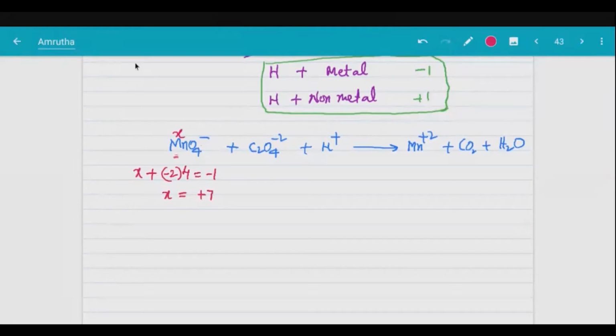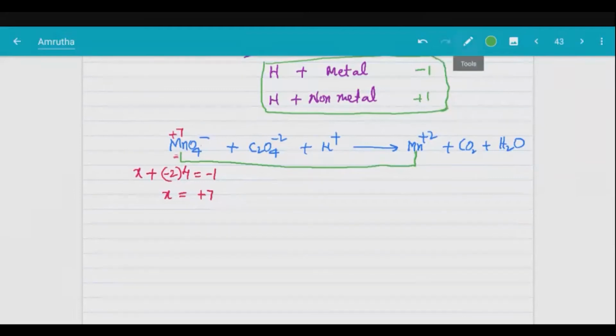Mn is +7. So +7 to +2, right? Oxidation number decreased. So is it oxidation or reduction? It's reduction.